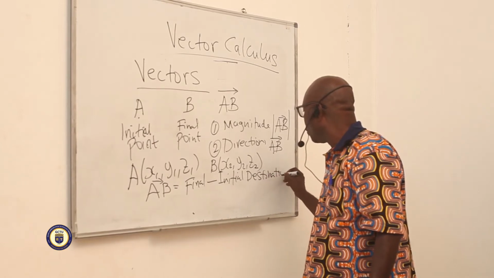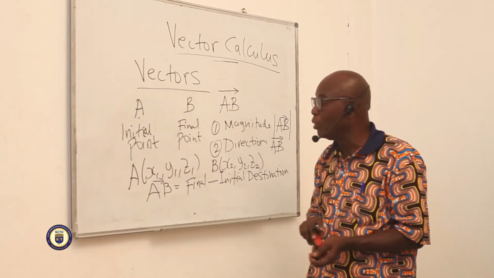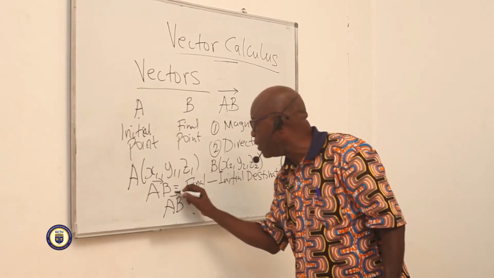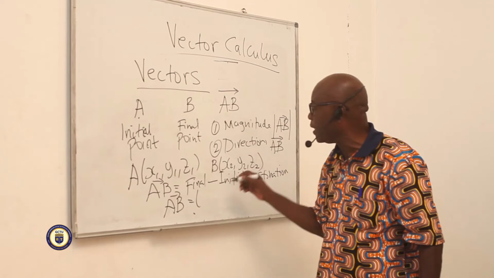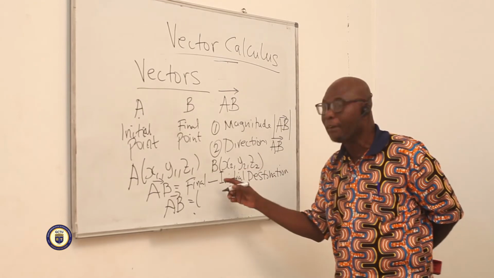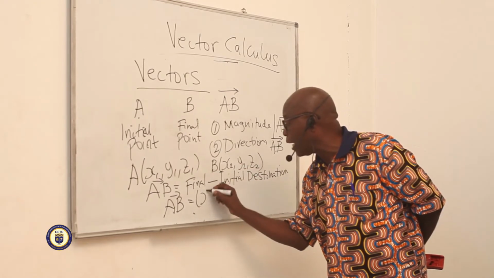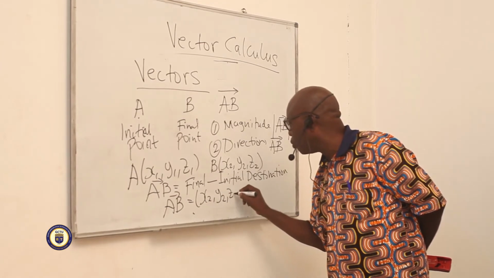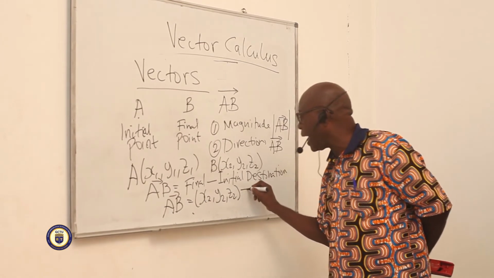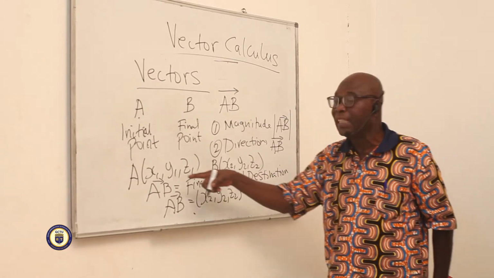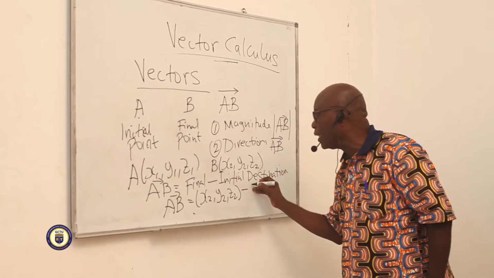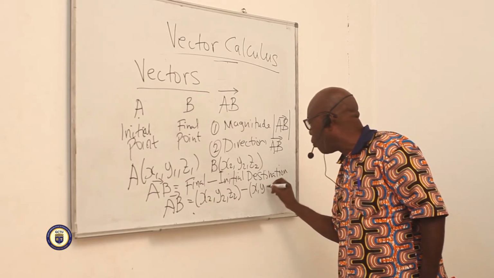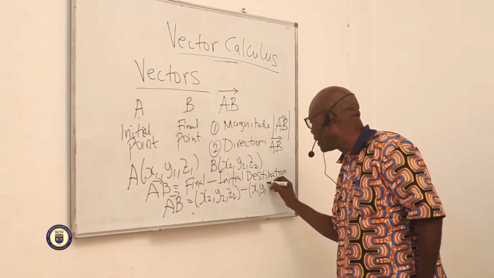And so what we'll do is that vector AB will now be defined as AB, where the final destination has coordinates B, which is x2, y2, z2. Then you subtract the initial coordinates, which is coordinate A, which has x1, y1, and z1.